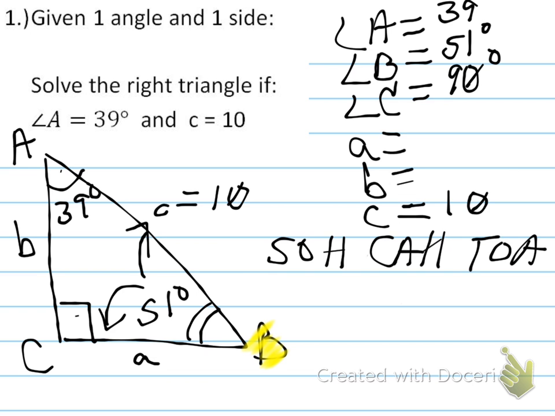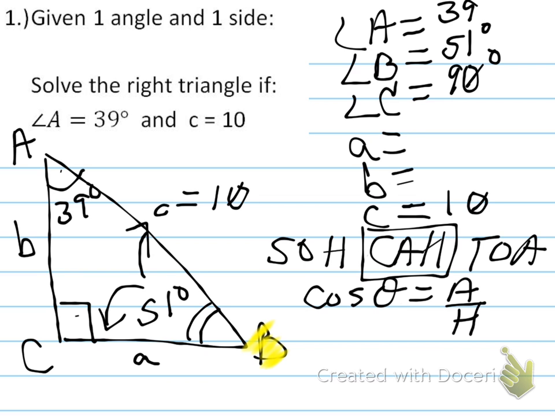So if I have adjacent and hypotenuse, I must be using the CAH in SOHCAHTOA, or the cosine, which is cosine theta is adjacent over hypotenuse. So in this case, I plug in what I know. Cosine of 51 degrees is adjacent, I don't know what that value A is yet, divided by 10. And of course, to get this A by itself, I'm going to multiply both sides by 10.